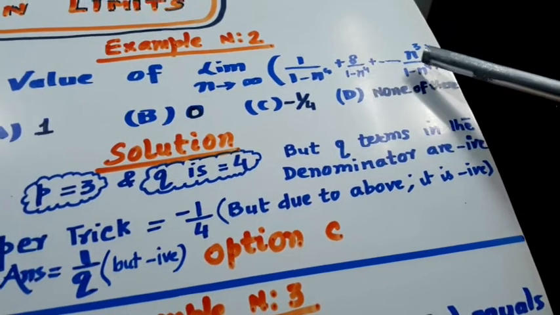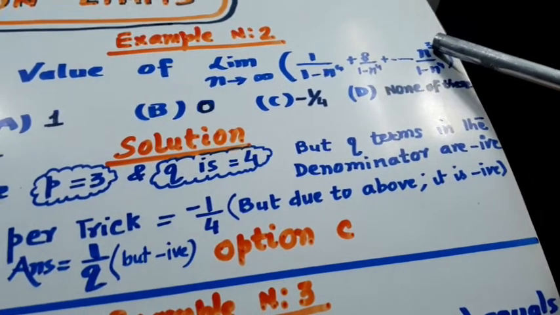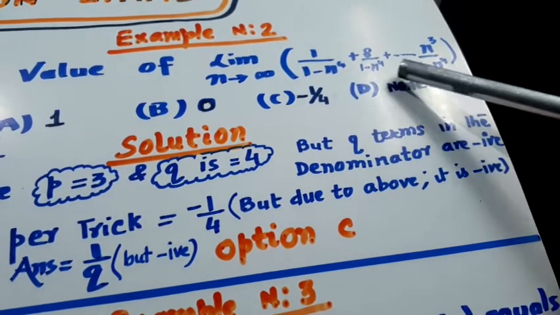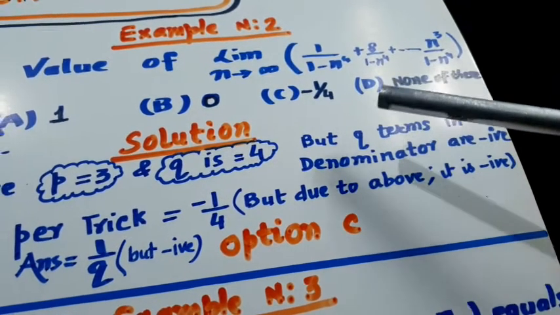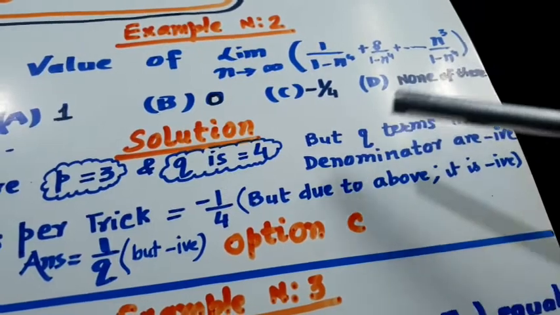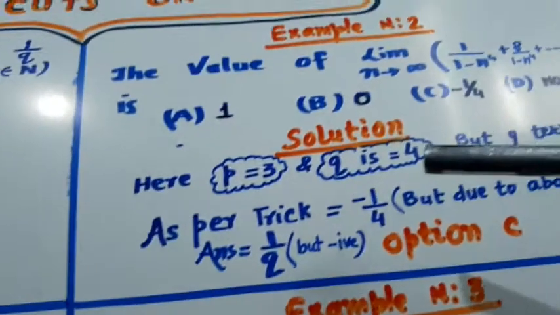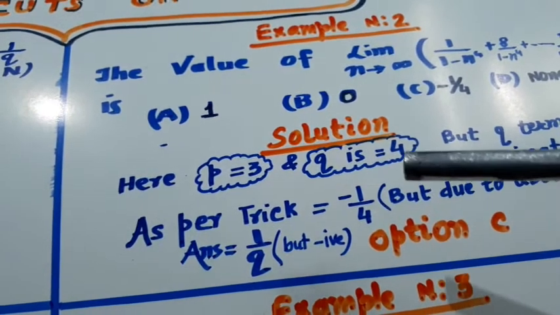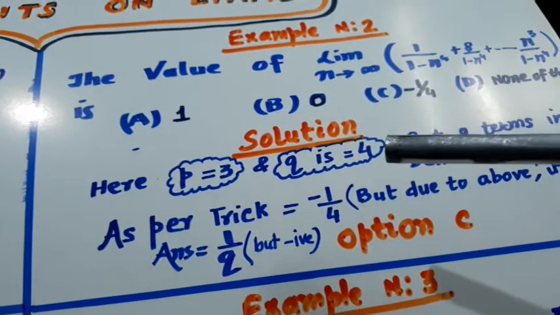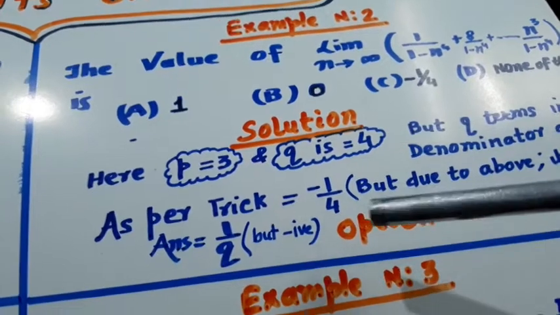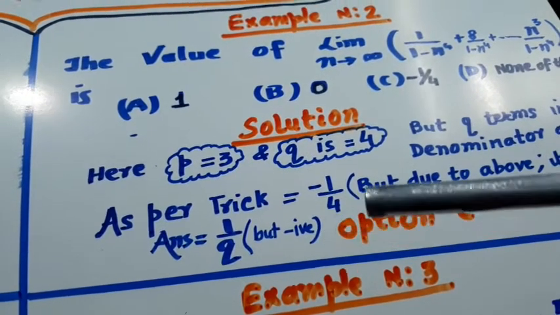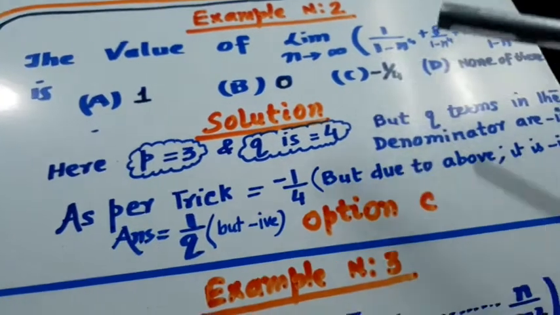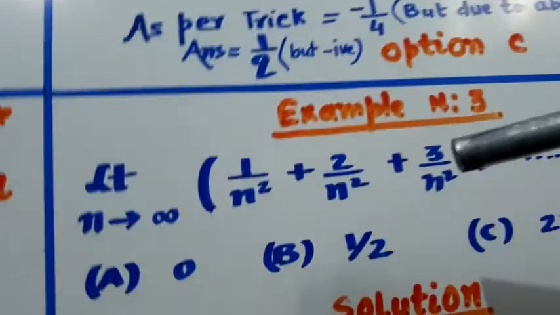So in this case, p is 3, q is 4, but the denominator being negative, it will be minus. Q is 4, p is 3, q minus p is 1. So it will be minus 1 over q, q is 4. Question is done. It will be minus 1 over 4. Option C is there. Now let us go to next.